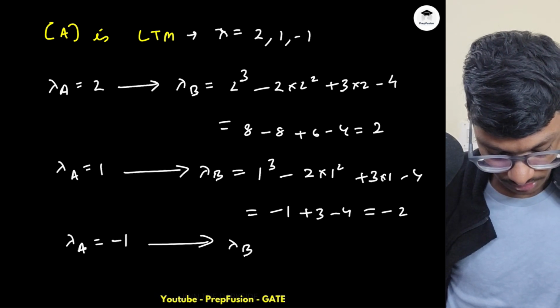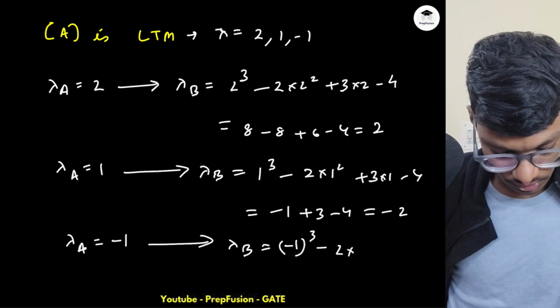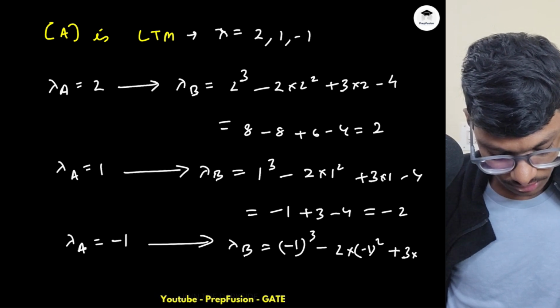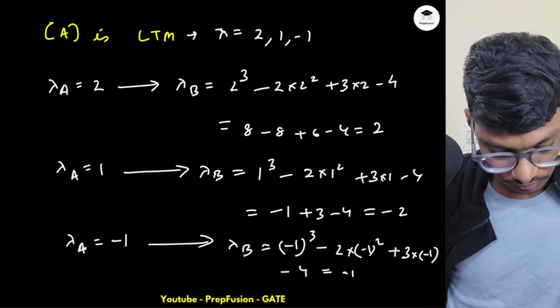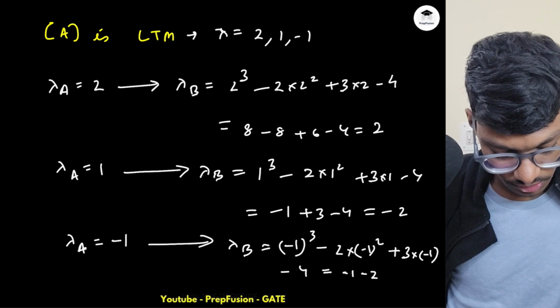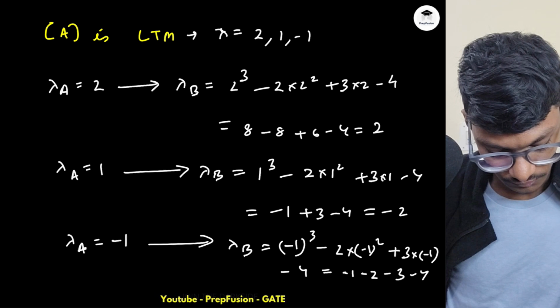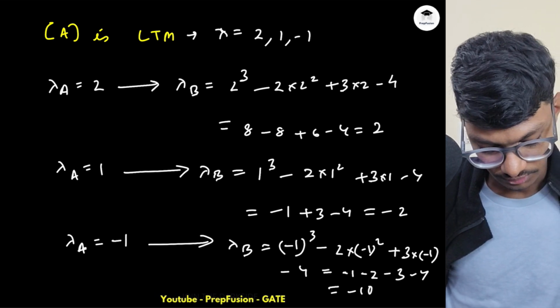So lambda B equals minus 1 whole cube minus 2 into minus 1 whole square plus 3 into minus 1 minus 4. This is minus 1, minus 2, minus 3, and minus 4. So basically this equals minus 10.